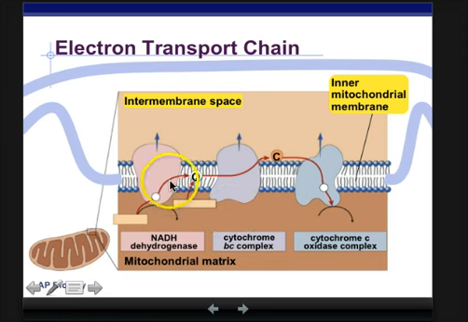This just gives you the gist of how electrons are moving through these three complexes, and each of these complexes is just an integral membrane protein. These arrows out are the H pluses that are going to be pumped out as the electron moves on.